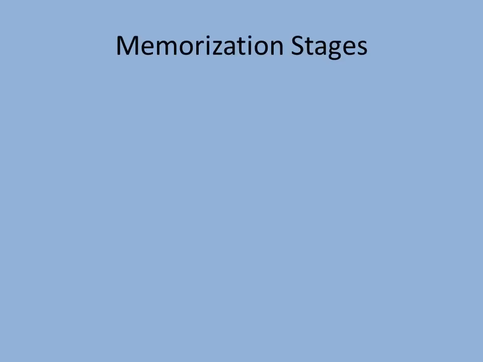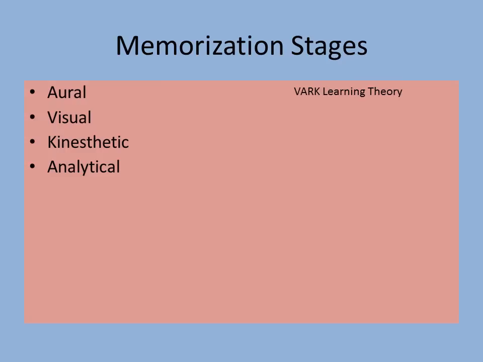Memorization in general is grouped into stages, and that goes from the standpoint of oral, visual, kinesthetic, and analytical stages. And if we think back to the VARC learning theory that Tory brought up earlier in the presentation, its focus is also on the visual, oral, the reading and writing aspect, as well as the kinesthetic.